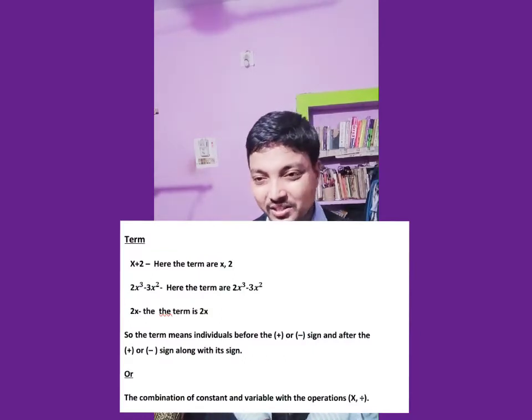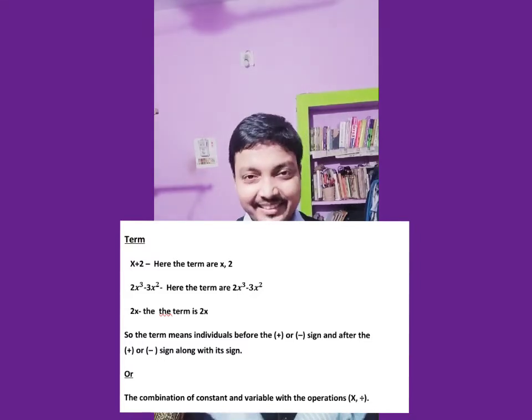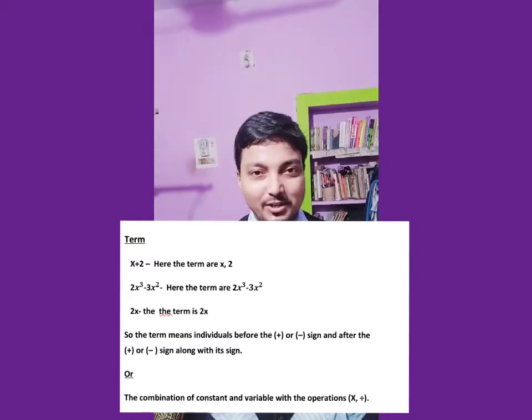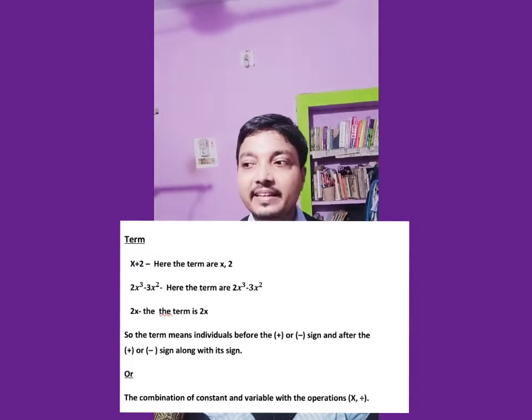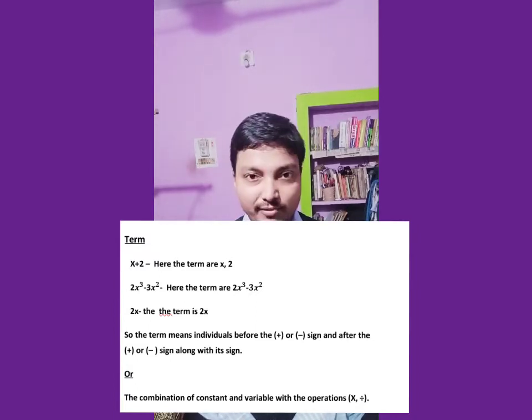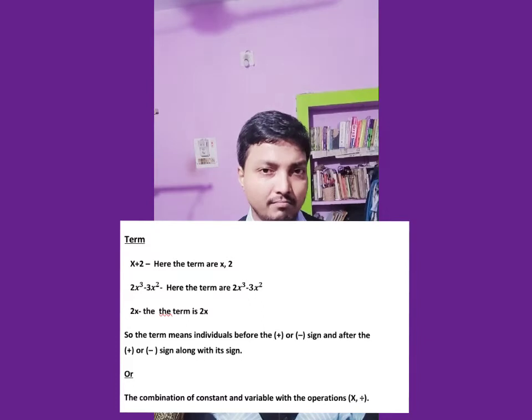Before giving the definition of the term, I am showing you some algebraic expressions, otherwise polynomials. See, the first expression is x plus 2. Second expression is 2x cube minus 3x square. Another one is 2x. In the first algebraic expression, plus 2 is after the plus and x is before the plus, so both x and 2 are its terms.